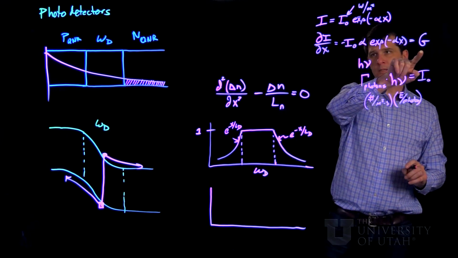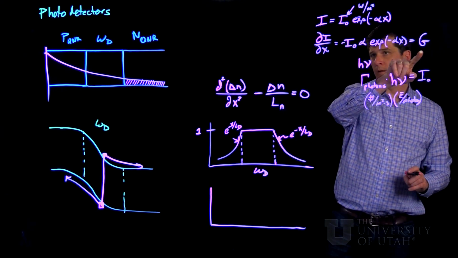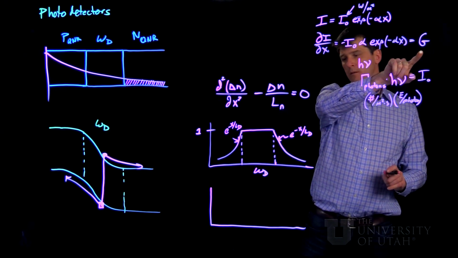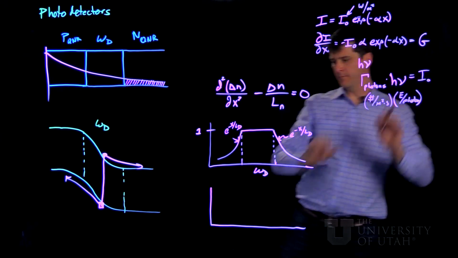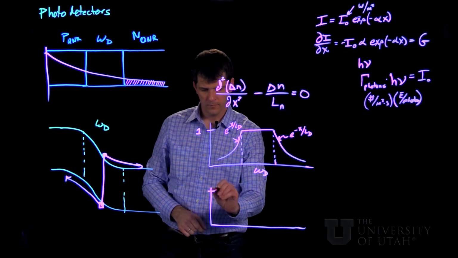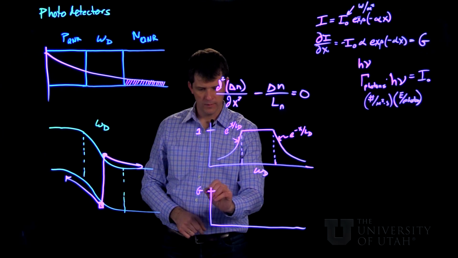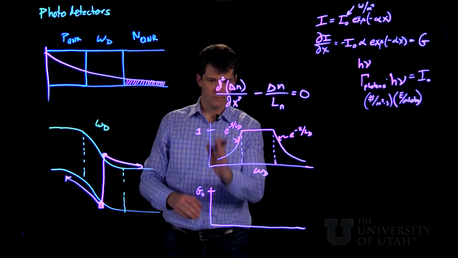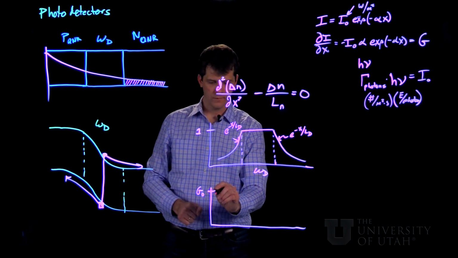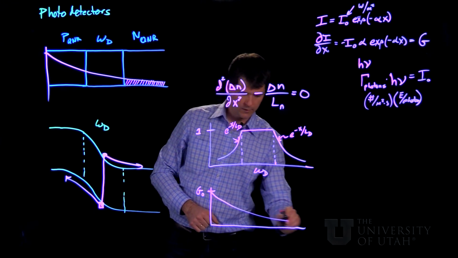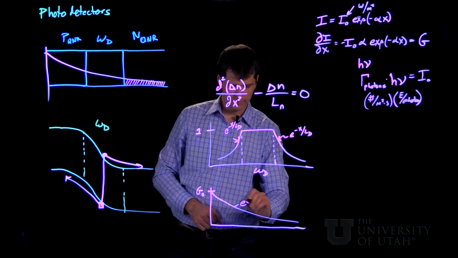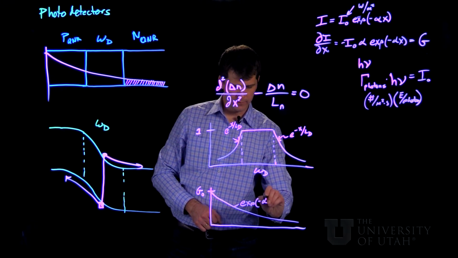So we can get our g here, and then substitute in this function as a function of distance, and we'll have g naught at the maximum point at the interface, and then a decay like so, which decays as e to the minus alpha x.